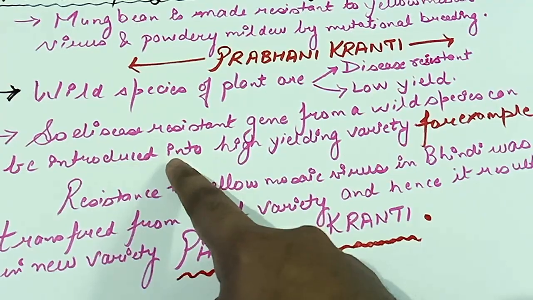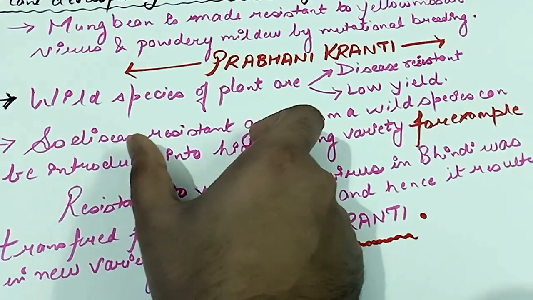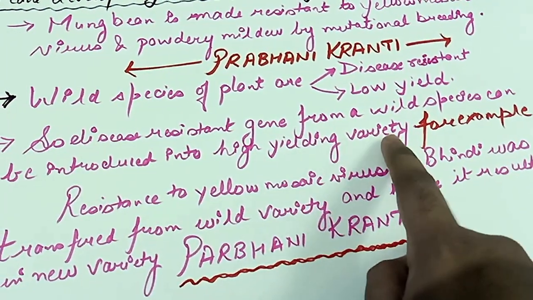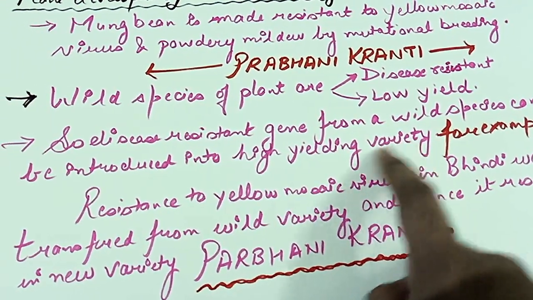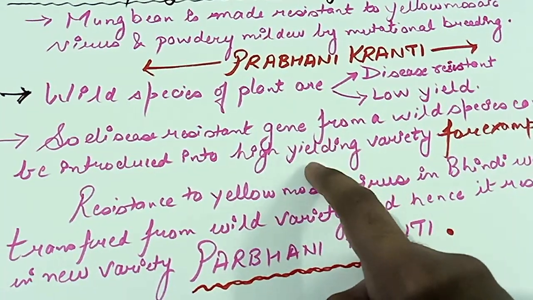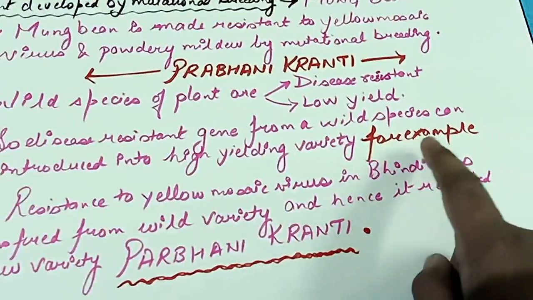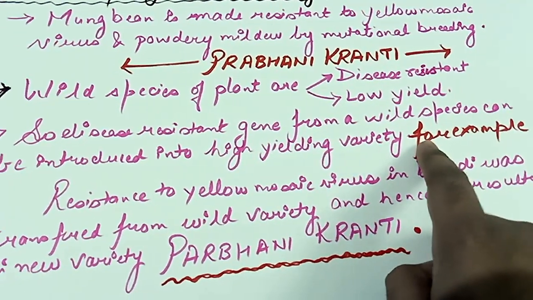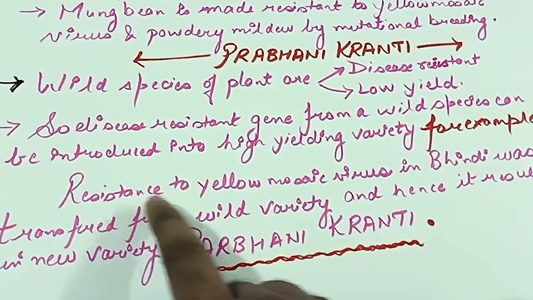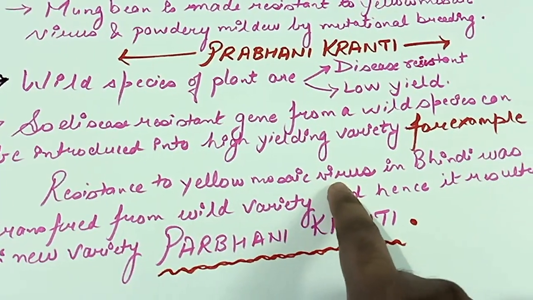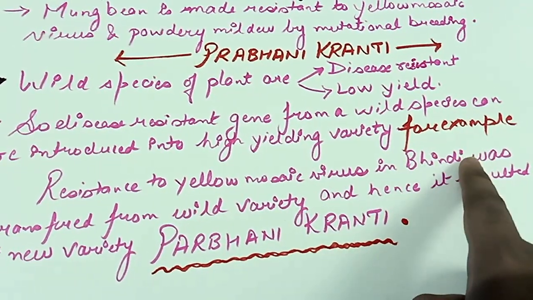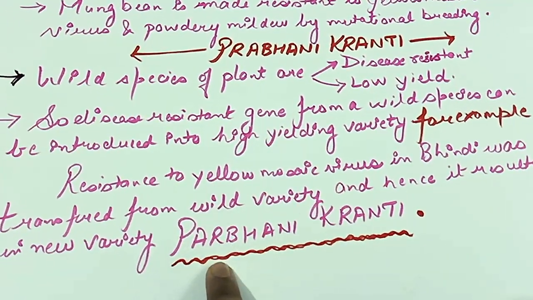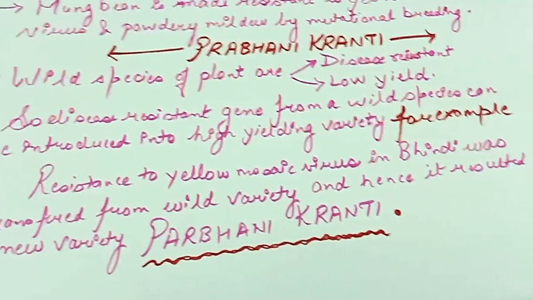So we can transfer this disease resistant gene from the wild species into a high yielding variety, so that it can become both high yielding as well as disease resistant. The example of this is Parbhani Kranti. Now what we did is we transferred the resistance to yellow mosaic virus from a wild variety of bhindi into a new variety, and hence we got the variety known as Parbhani Kranti.